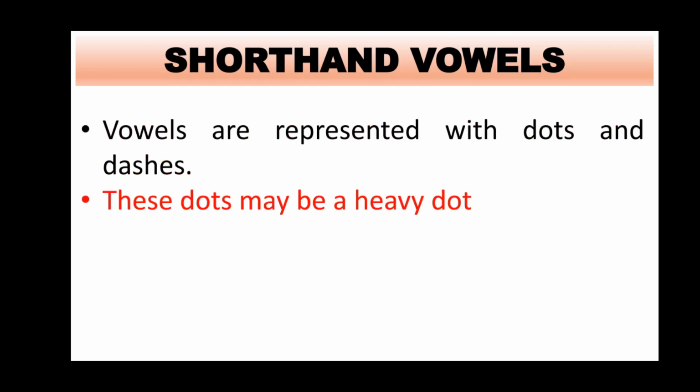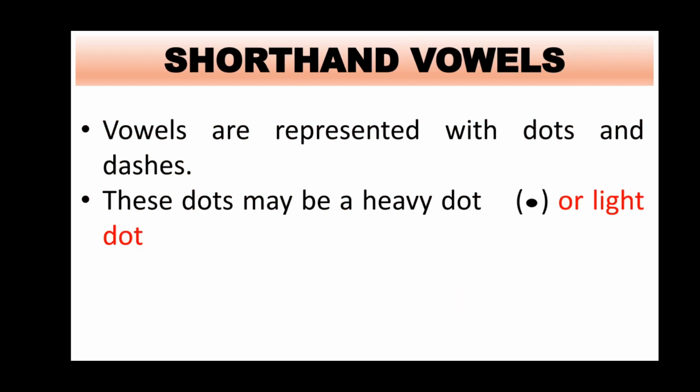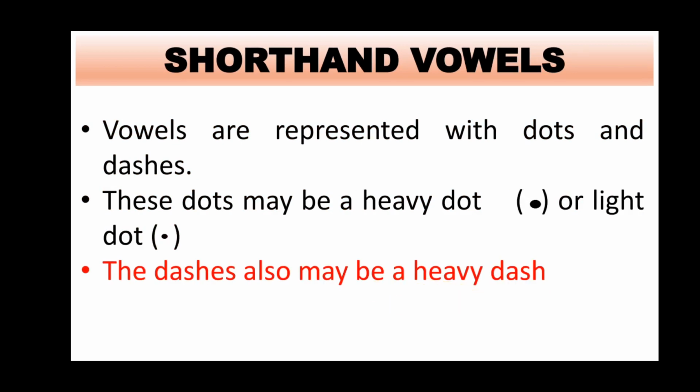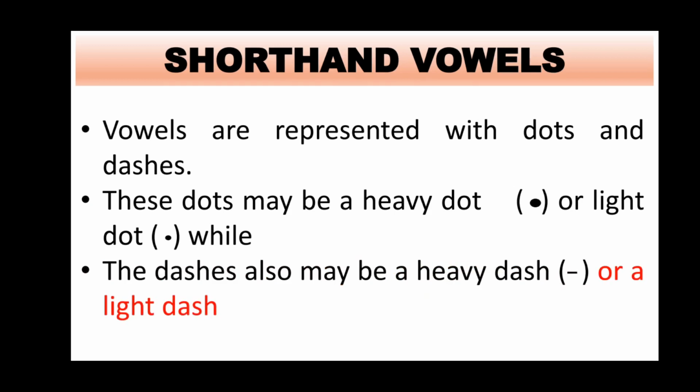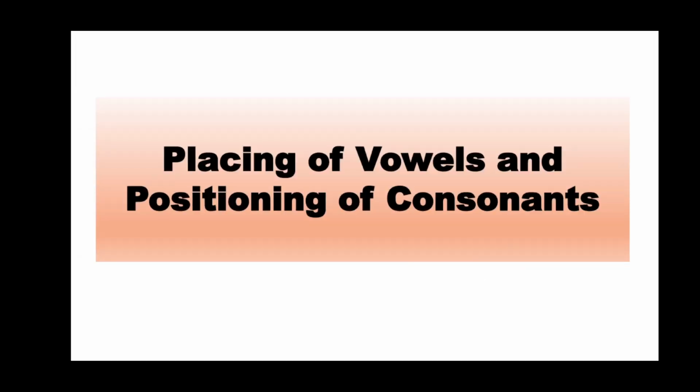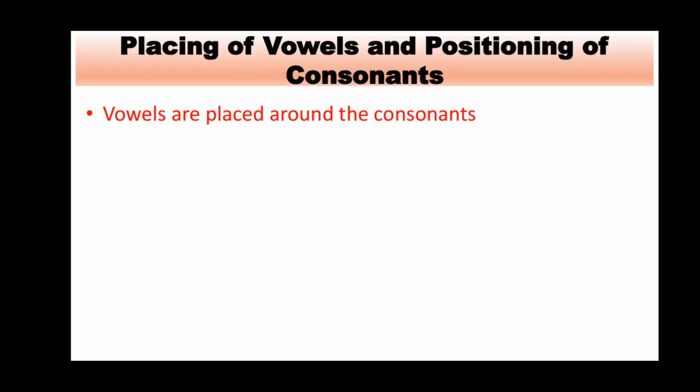The dot may be a heavy dot or a light dot, while the dash may also be a heavy dash or a light dash. So, placing of vowels and position of consonants in Pitman Shorthand.